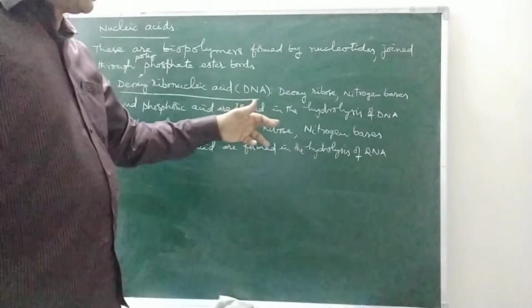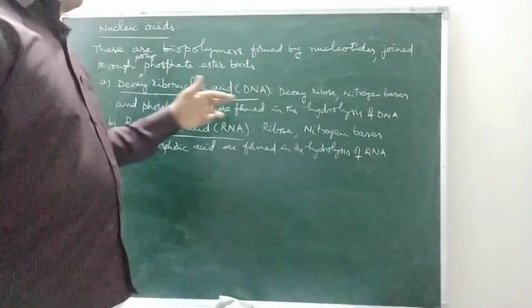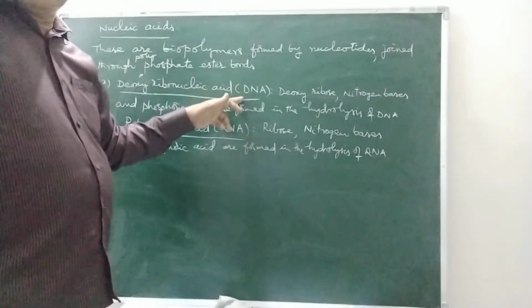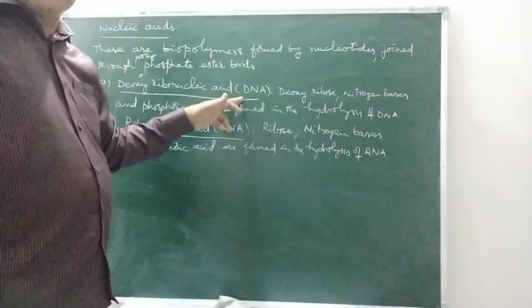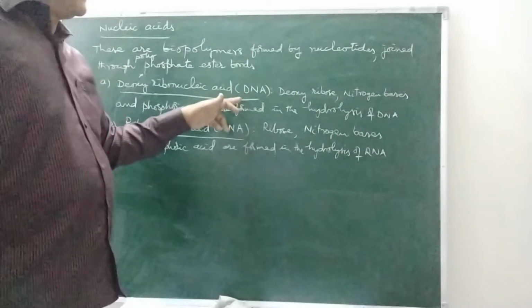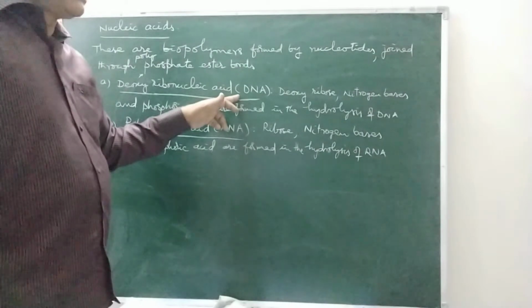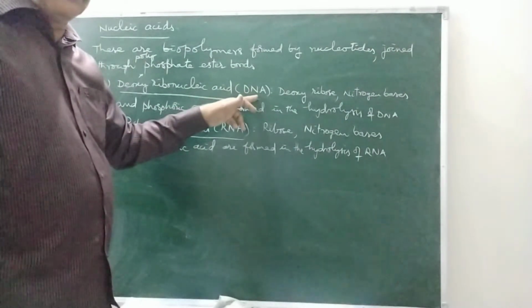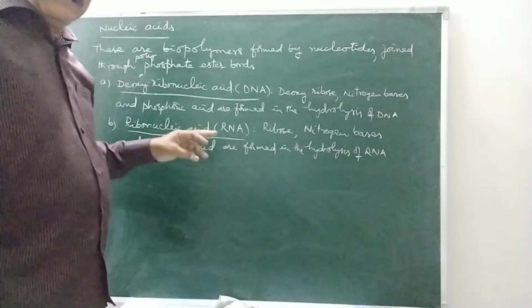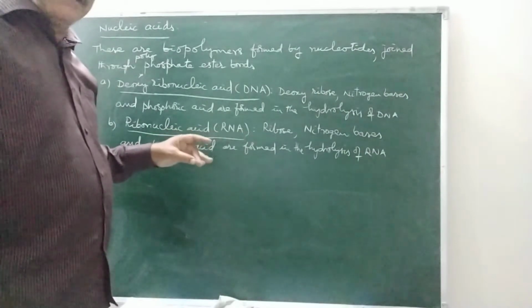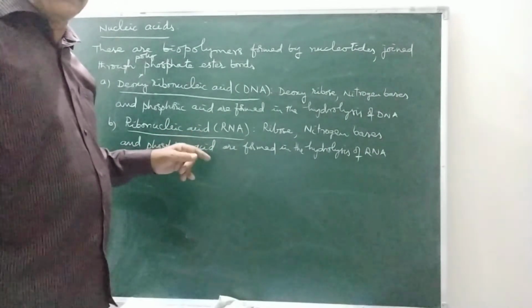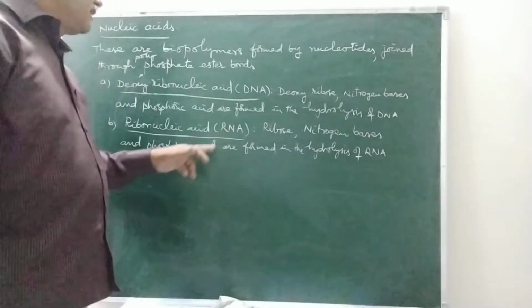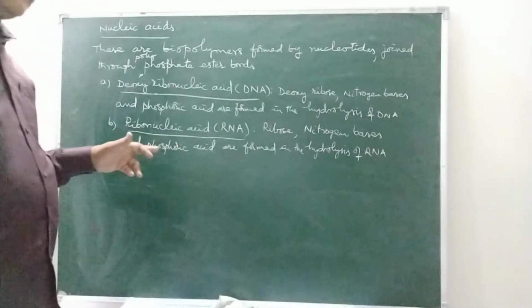In DNA, the nitrogen bases are adenine, guanine, cytosine, and thymine. In RNA, adenine, guanine, cytosine, and uracil are present. Instead of thymine, uracil is present in RNA.